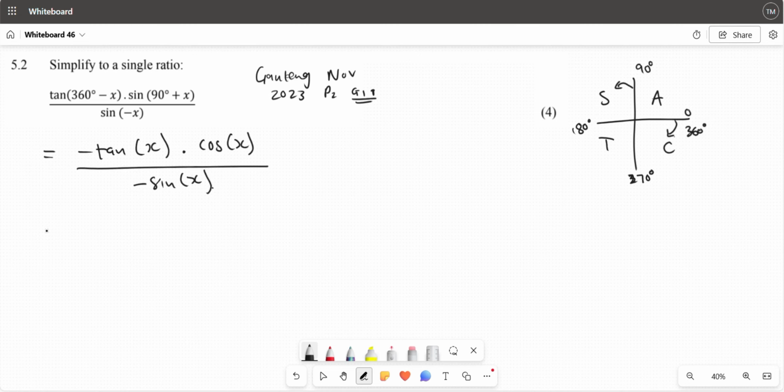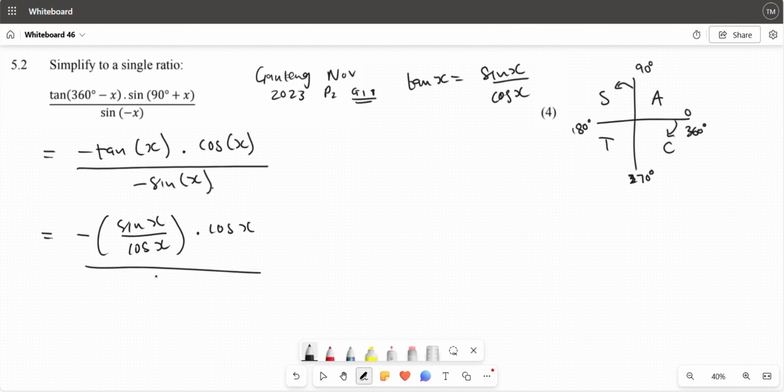And now that we have that, we need to just remember our identity. The one identity that you need to know at this point is that sine x over cos x is the same as tan x. So let's substitute that identity for tan. So I'm replacing what the tan is with sine x over cos x.